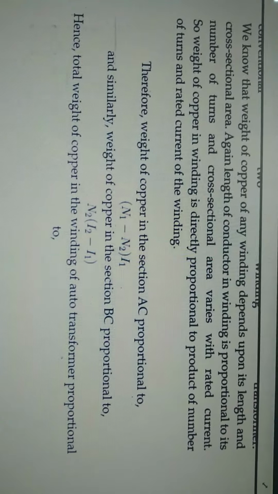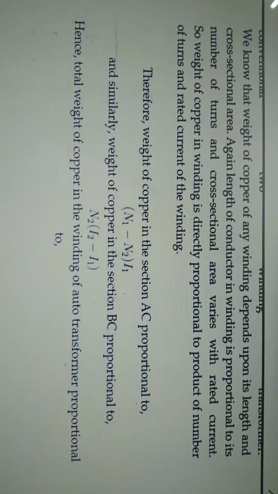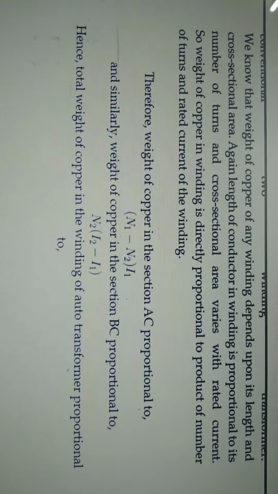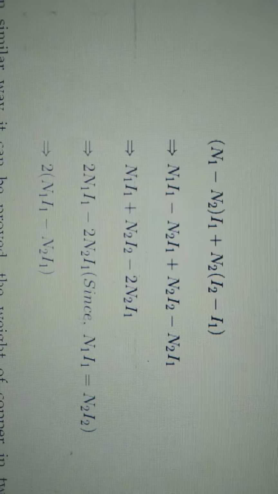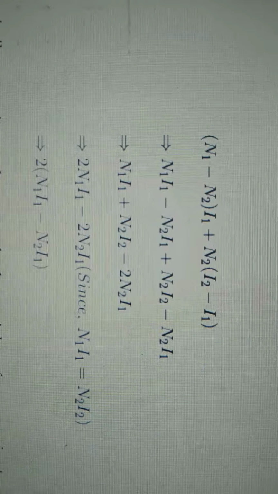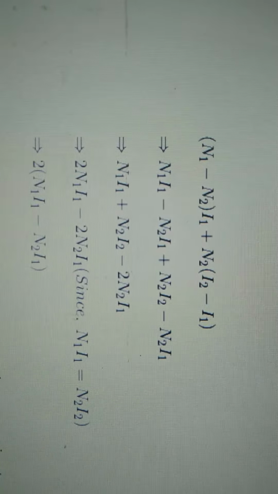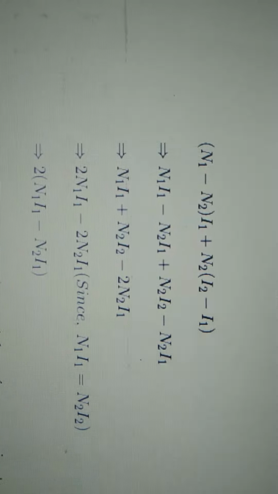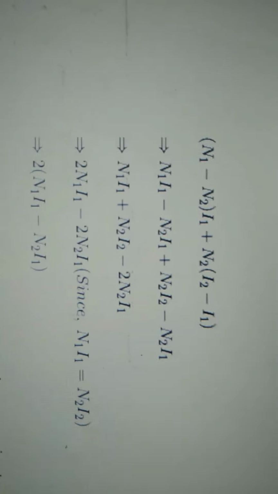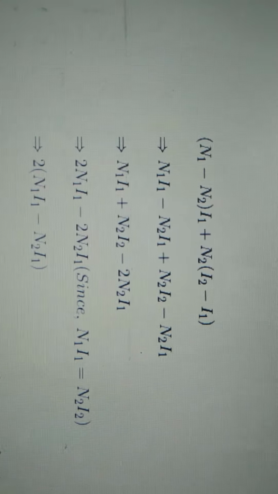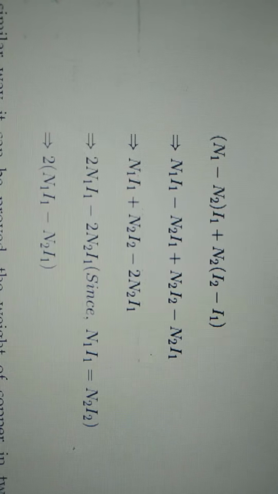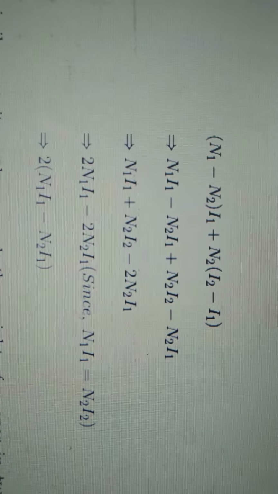Hence, the total weight of copper in the winding of the auto transformer is proportional to (N1 minus N2) I1 plus N2 (I2 minus I1). The equations taken earlier are added here, and finally we get 2 (N1 I1 minus N2 I1).